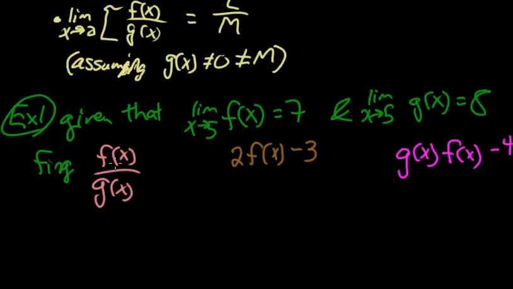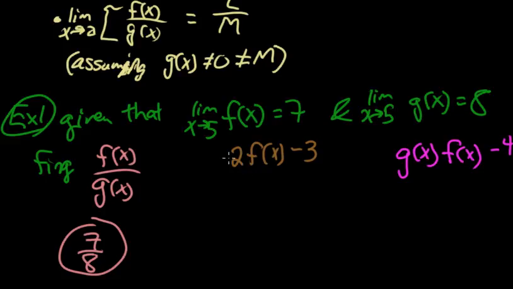So for this first one, f of x equals 7, and we also have g of x equals 8, so it's 7/8. So our answer is 7/8 for the first one.